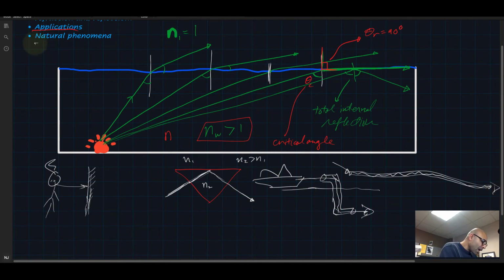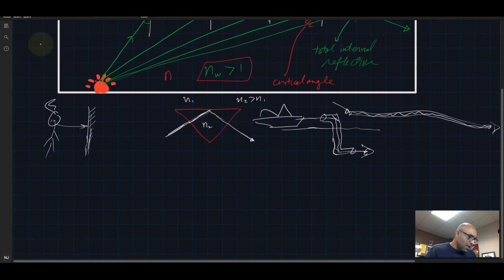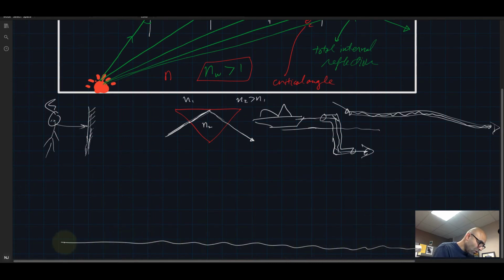Okay, now natural phenomenon. You've heard of mirage, and that's what happens in a desert. So let's say you are walking in the desert, and you are miserable because you are thirsty, and there's some mountains here and stuff like that, and it's very early morning. In the very early morning, maybe the coldest part will be the ground.